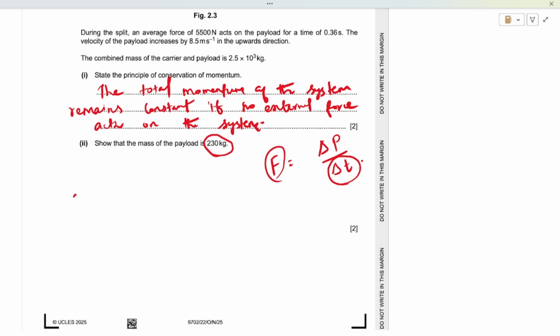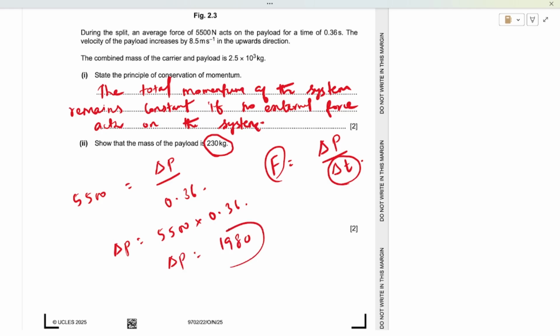So 5,500 is equal to change in momentum divided by the time period, which is given as 0.36. So the change in momentum is equal to 5500 times 0.36, thus the change in momentum will become 1980. This is the change in momentum.